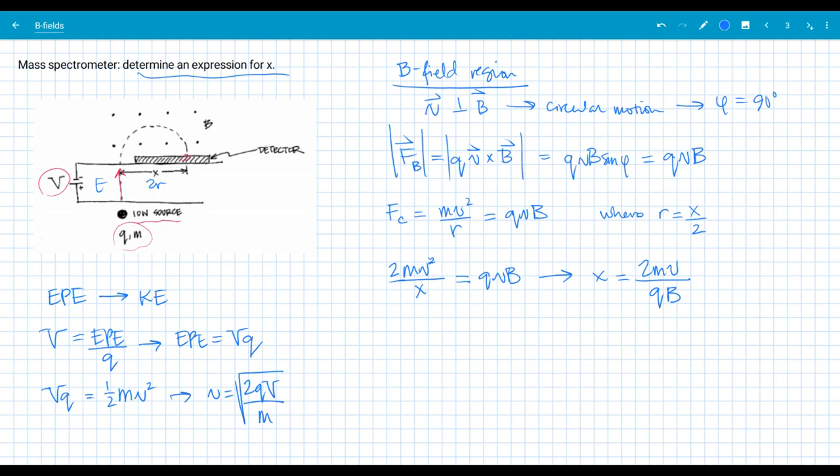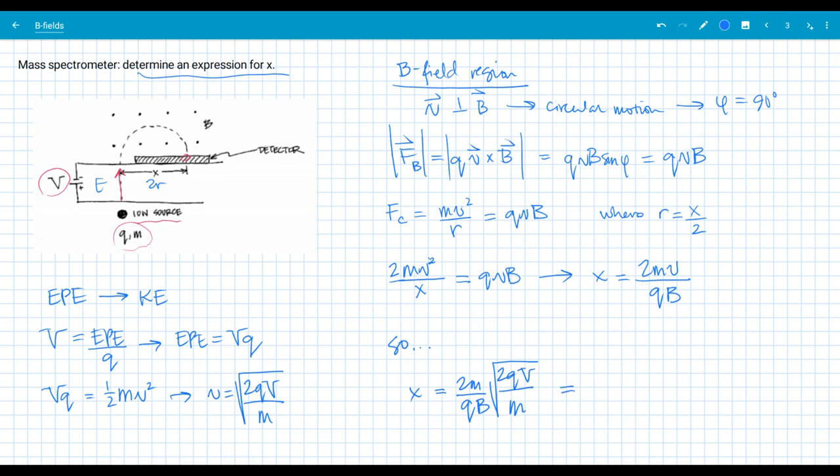All right, now I can pop that into my expression for x. So I can say that x is equal to 2m over qB multiplied by root 2qV over m.